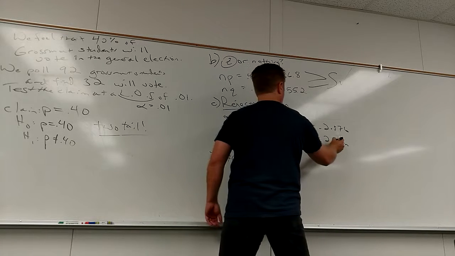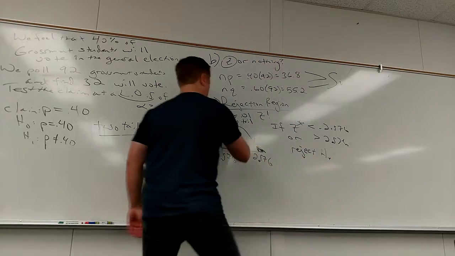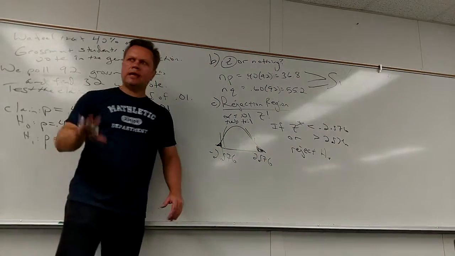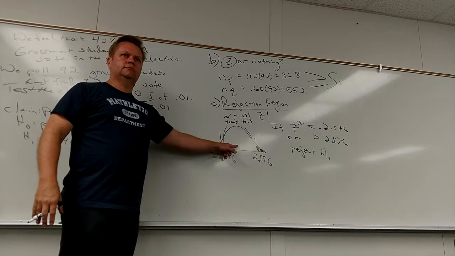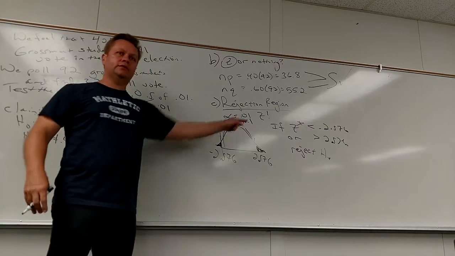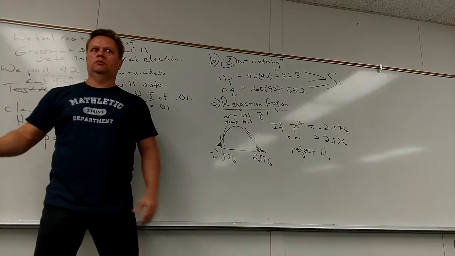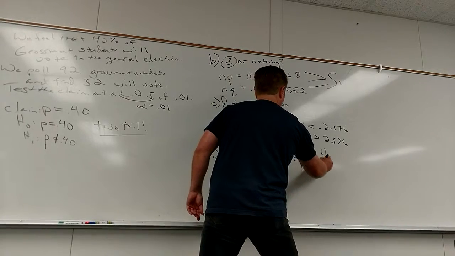Reject H0. Reject the null because he's the one that thinks it's in here. The null thinks it's in here. So if I find something way far away from there, it looks like that guy's wrong. Looks like the other guy is right.